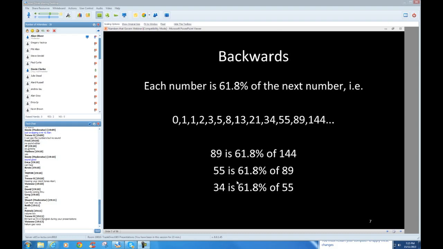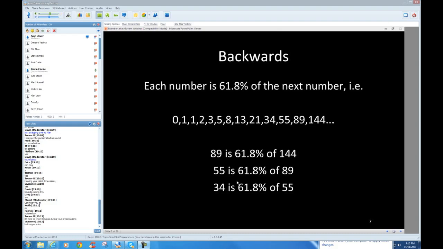And when we go back to that chain of numbers, 0, 1, 1, 2, 3, 5, 8, and so on, we get the numbers by adding the two previous numbers together to get the next number in the sequence. For example, 5 plus 8 equals 13. But we also get very important ratios of the numbers. For example, 61.8% is the relationship between a number and the next number.